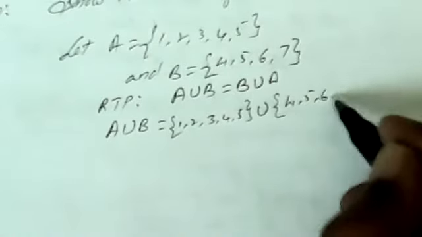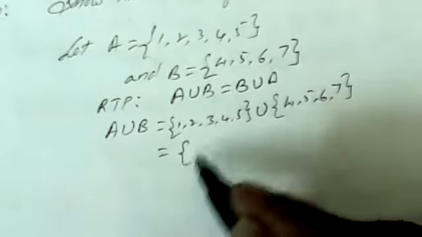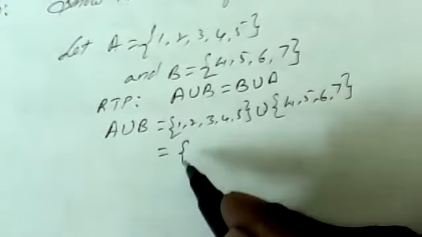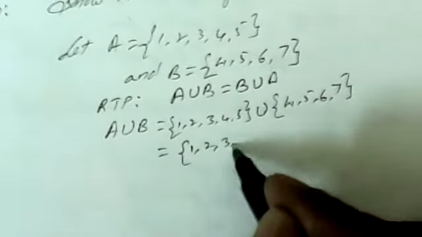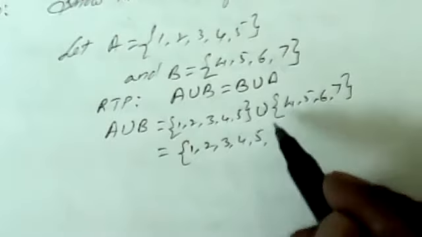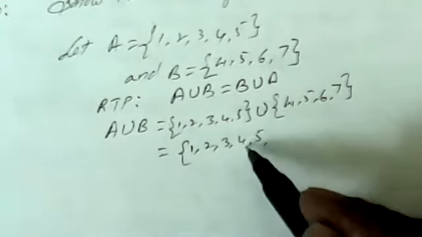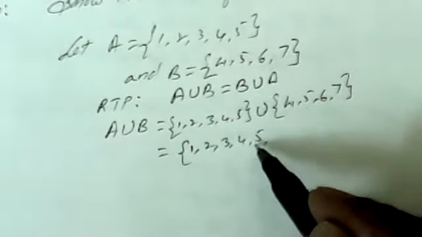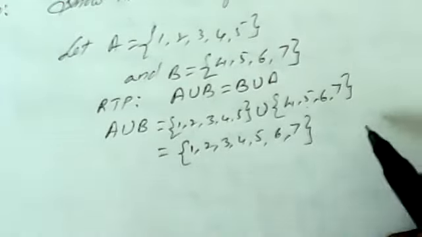Union means write down all elements that are in A and B. We write 1, 2, 3, 4, 5, and then all the elements of set B. Elements should not be repeated. 4 is there, you should not write it; 5 is there, you should not write it again. Then 6, 7. So this is 1.